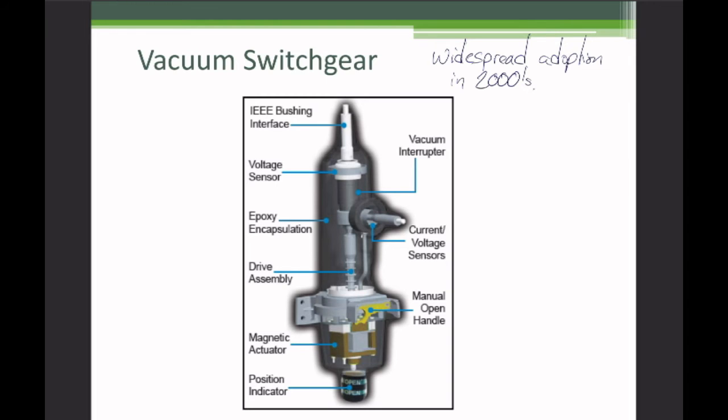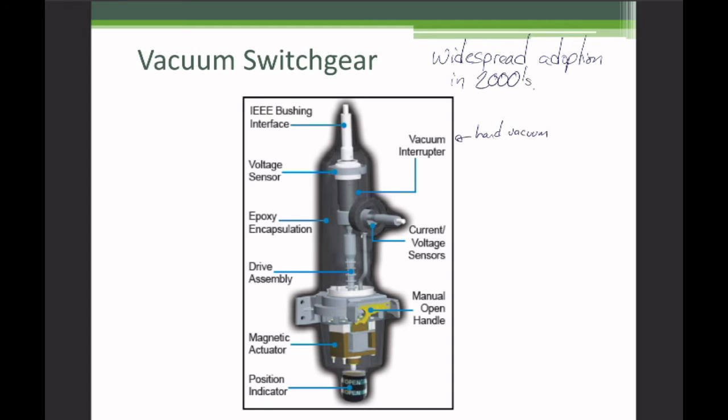So this is the part that does the interrupting. And the operating principle on a vacuum interrupter is very different than all of our other technologies. With a vacuum interrupter, inside of it is a hard vacuum. So like outer space, like deep outer space levels of hard vacuum.